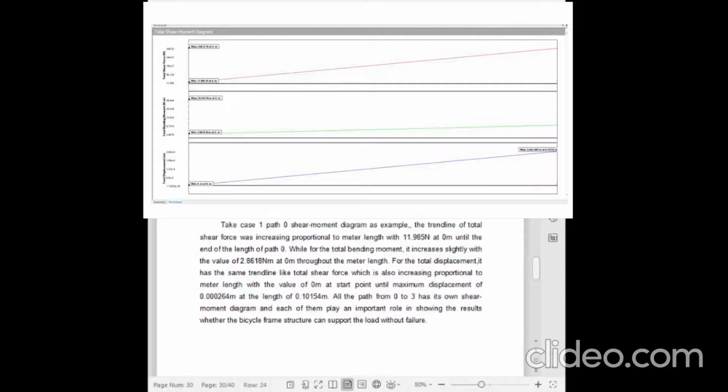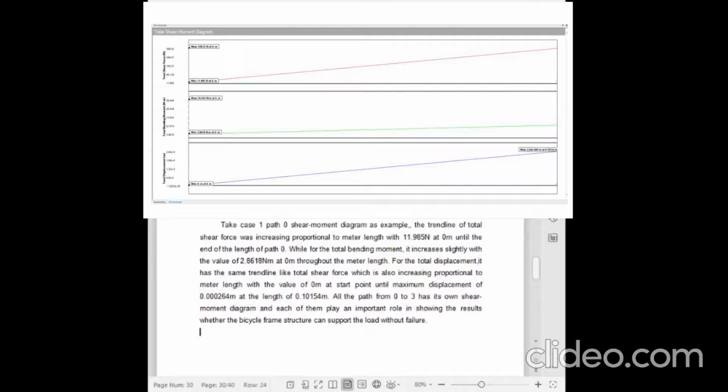The trend line of total shear force was increasing proportional to meter length with 11.985 Newton at 0 meter until the end of the length of the pad 0. While for the total bending moment, it increased slightly with a value of 2.861 Newton meter at 0 meter throughout the meter length.